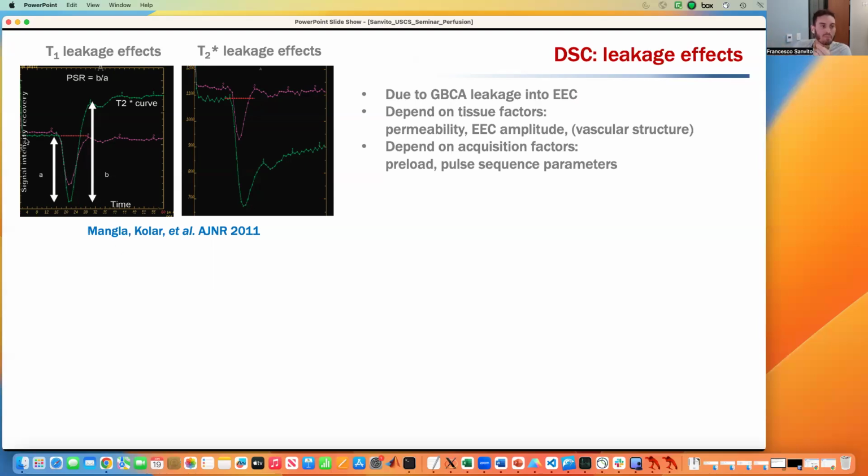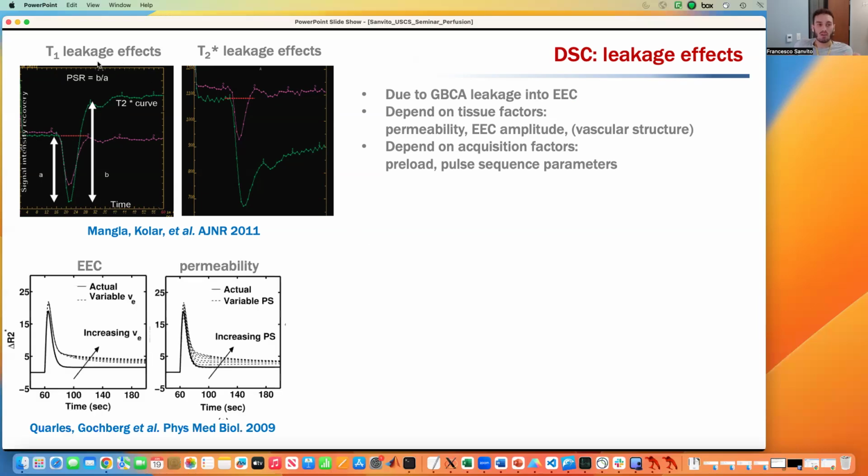First of all, when there is leakage, two things can happen. If there was no leakage at all, approximately, let's take this with a grain of salt, the time intensity curve would create a drop and then go back to baseline. If there is leakage, either there are T1 leakage effects, and the curve creates a spike above baseline, or there are prominently T2 star effects and the curve remains underneath baseline.